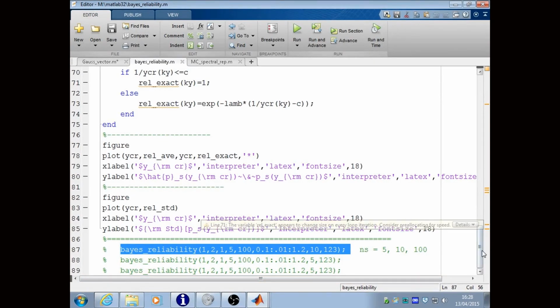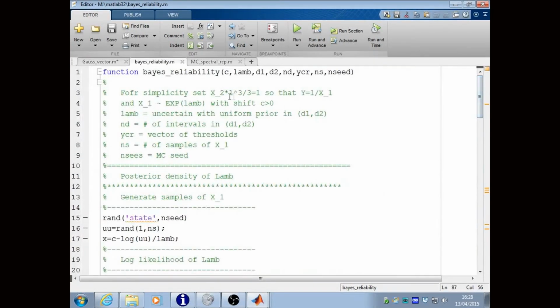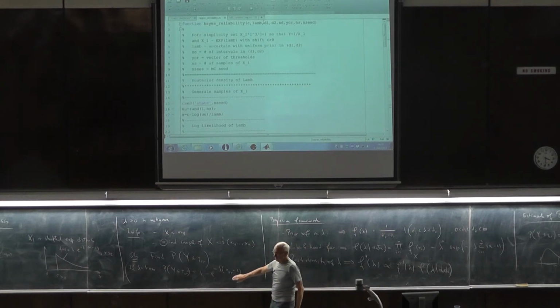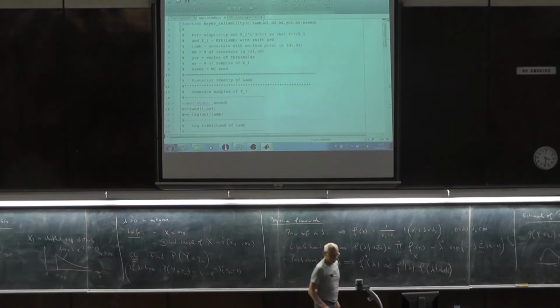Let's look at the input, because I didn't specify the input. C and lambda are the parameters of the distribution which I'm using to generate. That's the true model. I'm generating the data from here, and then I pretend I don't know anything about it. D1 and D2, of course, define the prior.